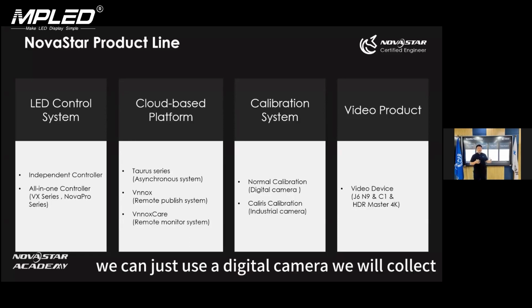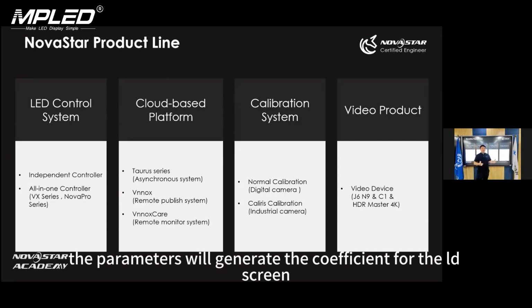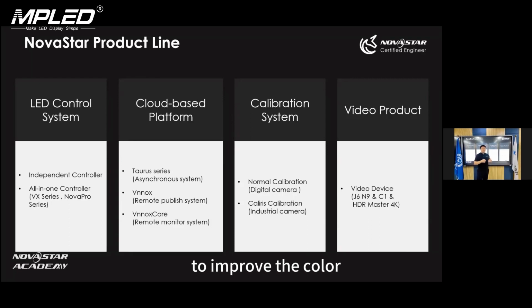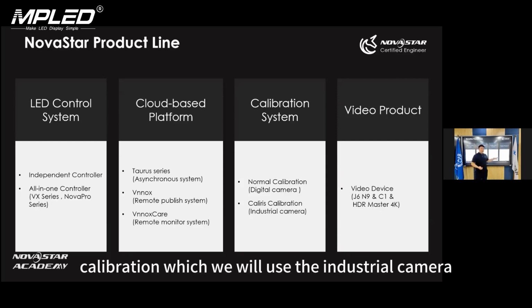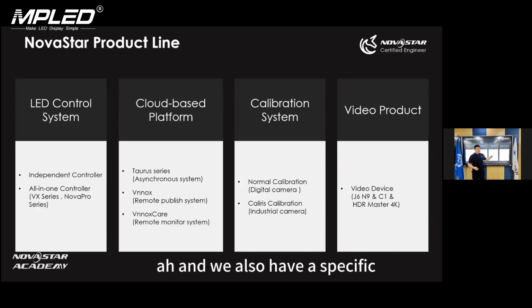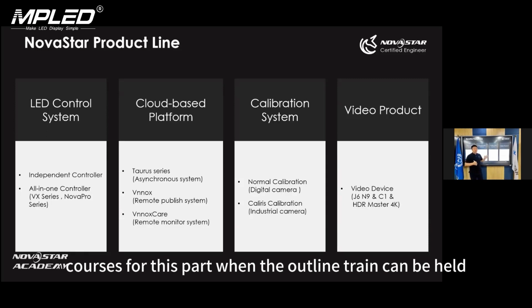We will collect the parameters and generate the coefficients for the LED screen to improve its color and brightness. But for fine pitch projects, like COB, mini LED or micro LED, we need to use the color calibration, for which we use an industrial camera. And we also have specific courses for this part when offline training can be held.